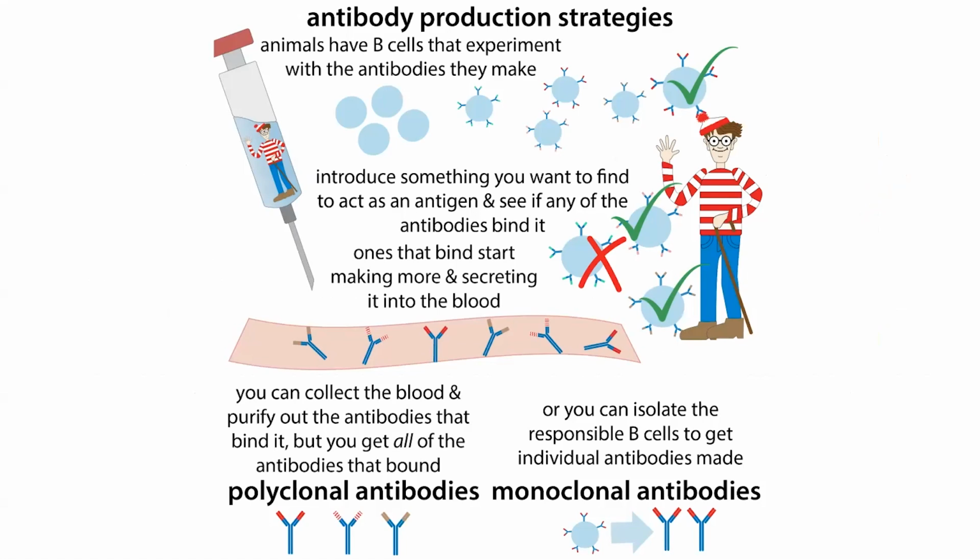And especially if only a few people are going to care about antibodies against that protein, it's not going to be cost effective for a company to make them. So often what labs end up doing, if they need an antibody against the actual protein, is pay through a service to get antibodies made for that specific thing, rather than buying them already produced. You have to go through this whole process of getting them made, and it can be really expensive.